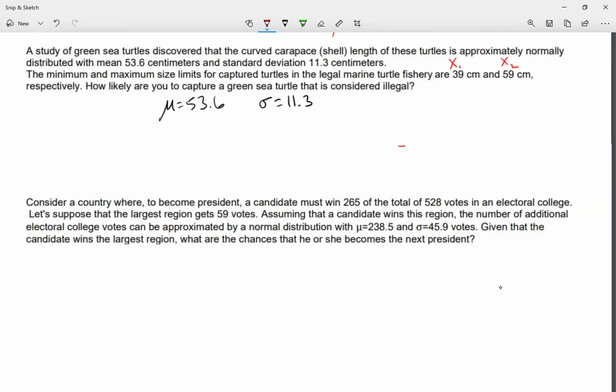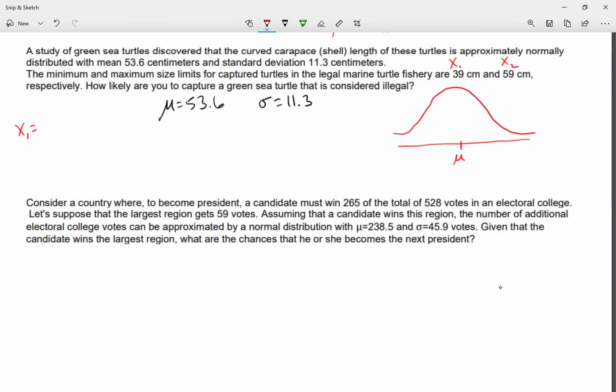And I saw that this was normally distributed. Here's my mu, and I have to find two z-scores, keep in mind. For my first one, I'm looking at the minimum value. More likely my z-score is going to be negative because I'm going to the left of my average.